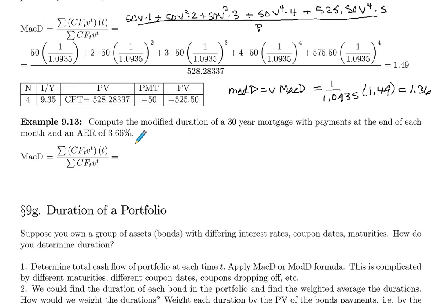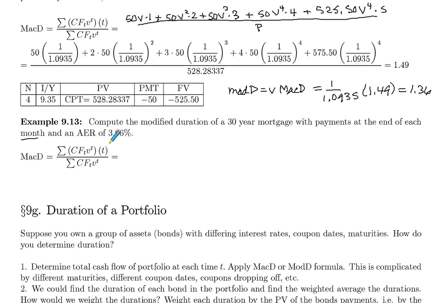All right, then let's look at one last modified duration here. Let's compute the modified duration for just a normal 30-year mortgage that has payments at the end of each month and has an annual effective rate of 3.66%. So notice that these payments are monthly, and then our annual effective rate is an annual rate.